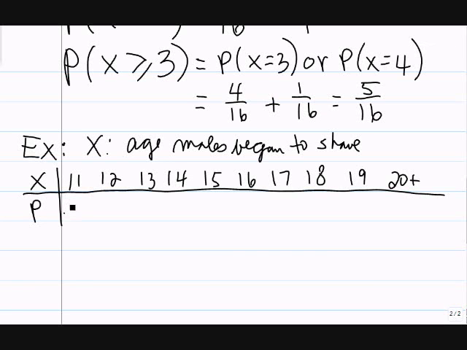All right, so I'll give you the data. 1.3% started shaving at 11. Then they had essentially 0 at 12.